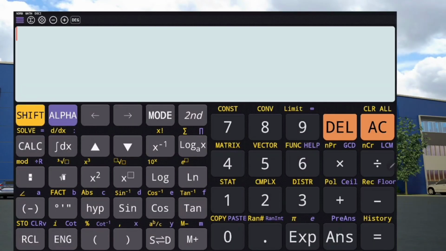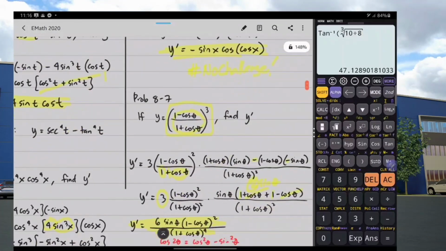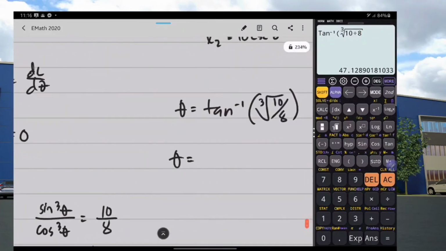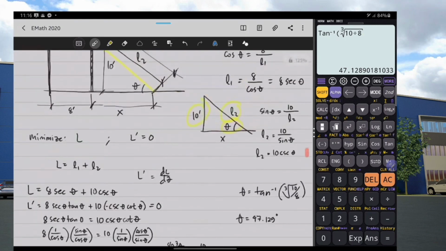We have arctangent of the cube root of 10 over 8. So it's 47 point, let's 3 decimal places na lang, 129. So we have this value, therefore, theta is equal to 47.129 degrees.